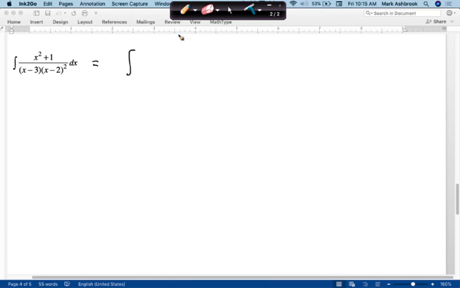So now we're going to write this as, we've got to think about the possible denominators that when you add them together, you get that common denominator. The first one is x minus 3, x minus 2. But there's another possible denominator that these don't cover, and that's x minus 2 squared.